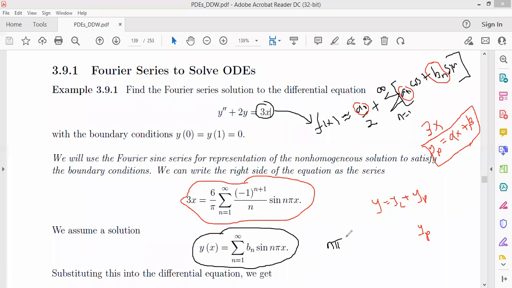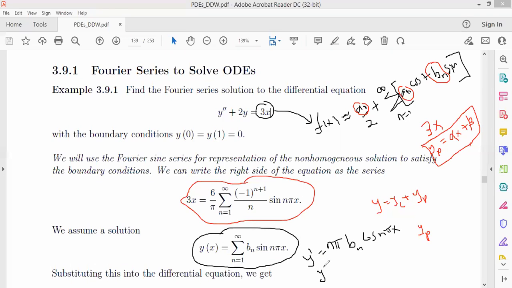Of course, we have the bn. This would be cos n pi x. Differentiation of a sine gives you a positive cos, and this is the first derivative, by the way. This is y prime.